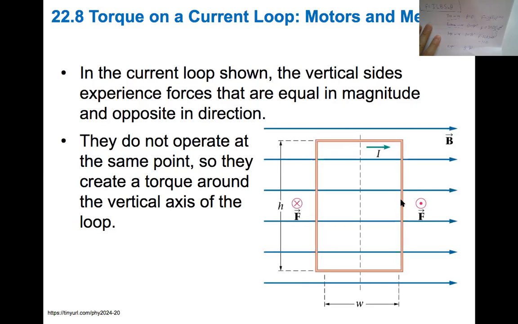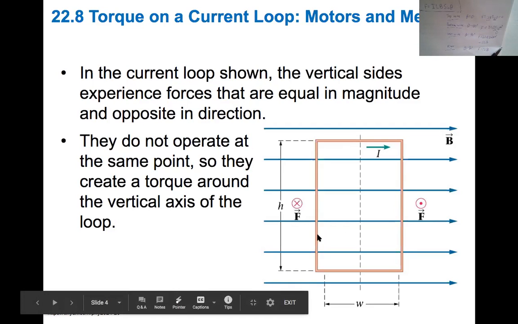So it's still 90 degrees, and the force is going to be ILB. The only difference between the force on the left wire and right wire is that they are pointing in opposite directions. You can use your right-hand rule. On the left wire, because the current is going upward, okay?